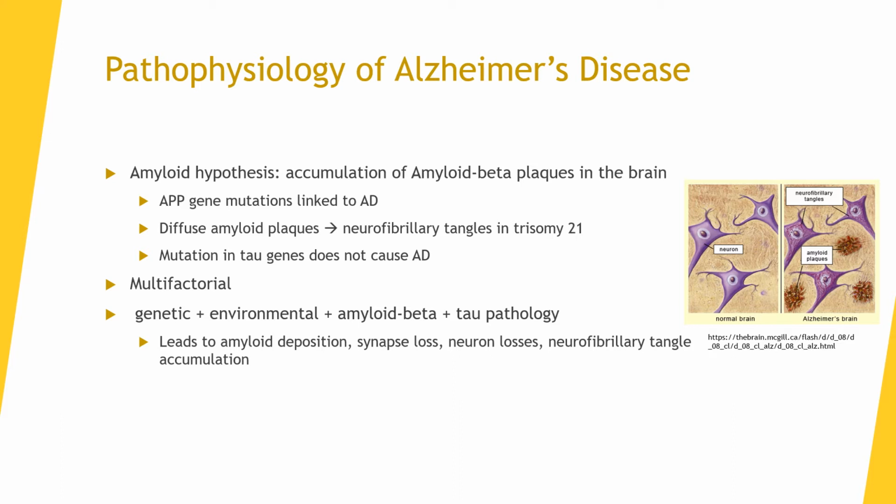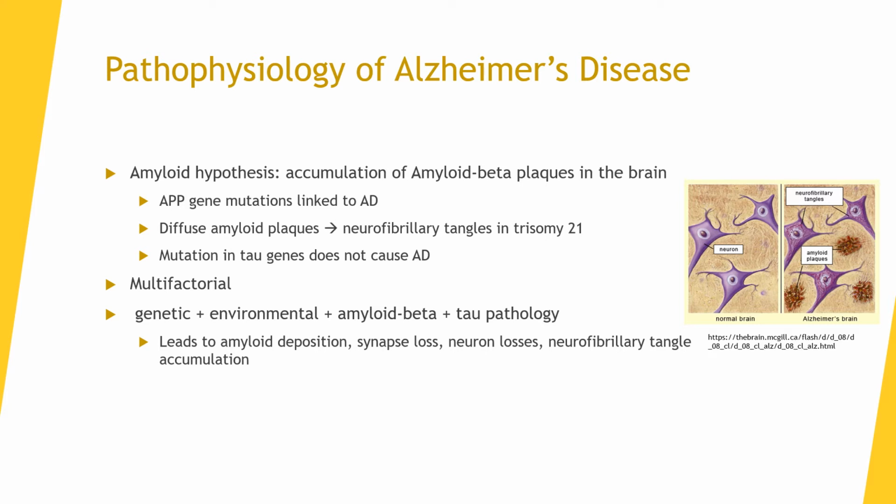This theory is supported by the fact that the APP gene, or amyloid precursor protein gene, is linked to Alzheimer's disease in a way that a lot of Alzheimer's patients have mutations in those genes. Diffuse amyloid plaques also become neurofibrillary tangles in trisomy 21, or Down syndrome.